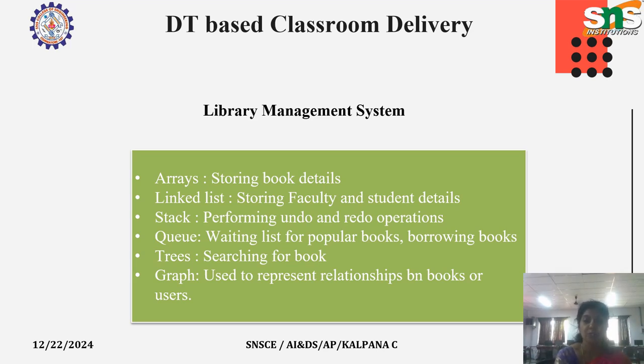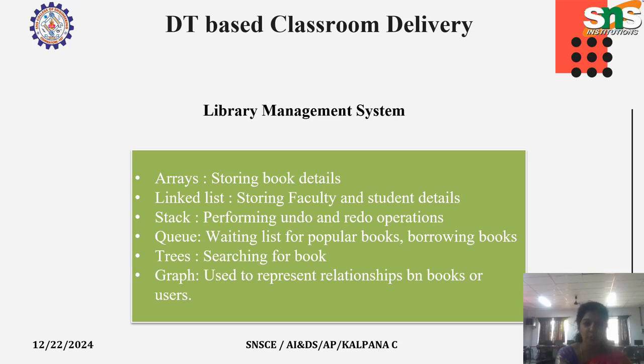And here for storing, it starts with array. For storing book details or faculty details, if we know the size of the data, the number of books or the number of faculty or students, if we know the count ahead very well, we can use this array data structure because it is used for fixed size data, right?